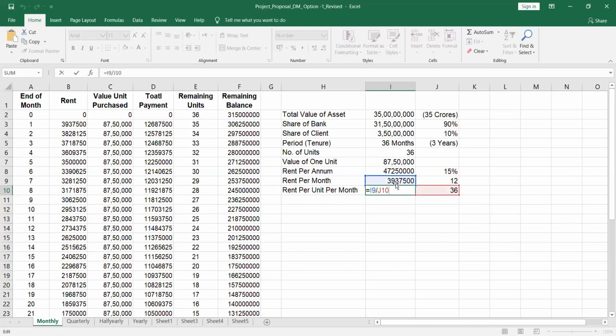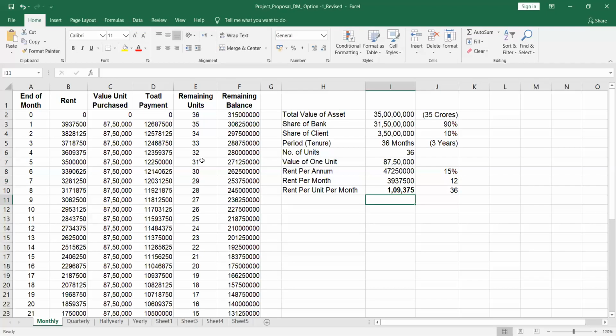So rent per month has been divided by 36, I9 divided by J10. We got rent per unit per month. This is 1 lakh 9,375, the rent per unit per month.